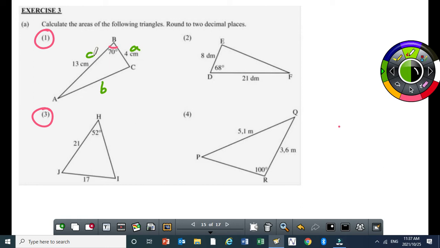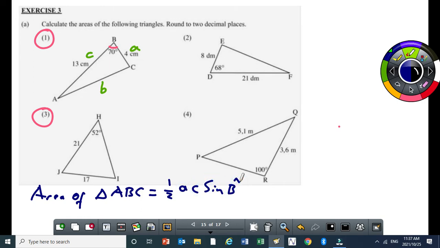So I can write my formula for the area rule here. The area of triangle ABC is equal to half. Since I'm given a and c and the angle B, it will be half ac sine B. It's not difficult at all.